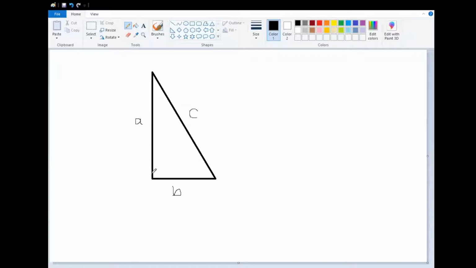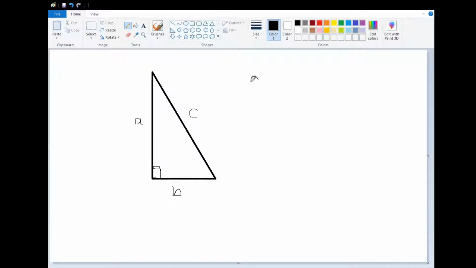When you are given a right triangle, the Pythagorean theorem states that the square of this number plus the square of this number, in other words, the sum of the squares of the two legs of the right triangle, is equal to the square of the hypotenuse.